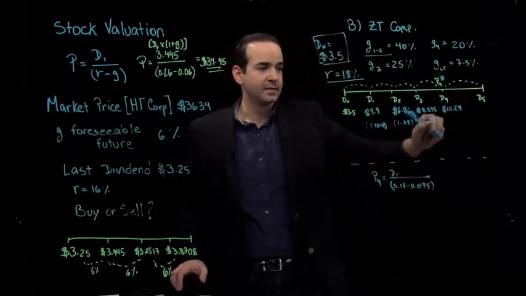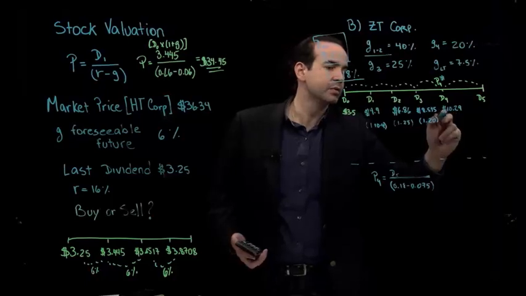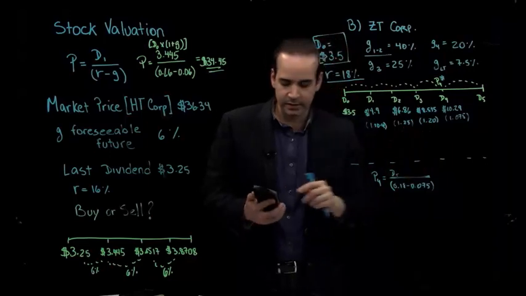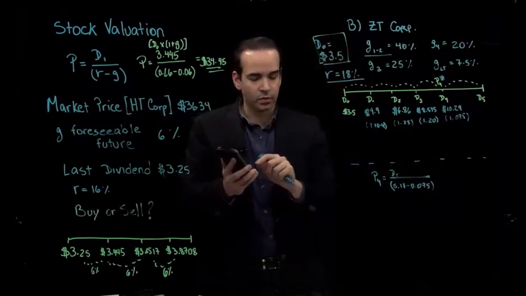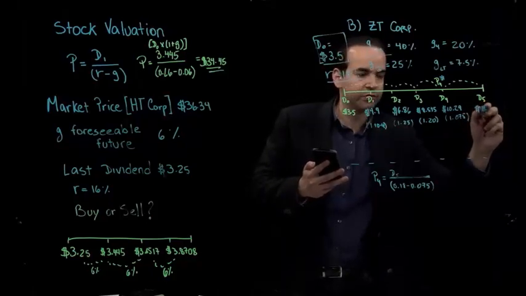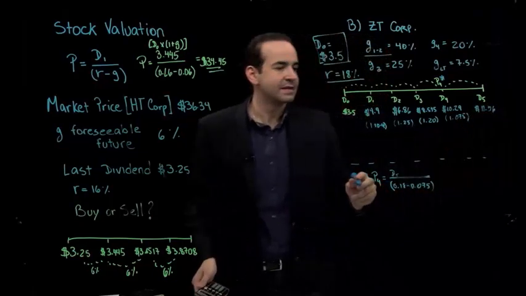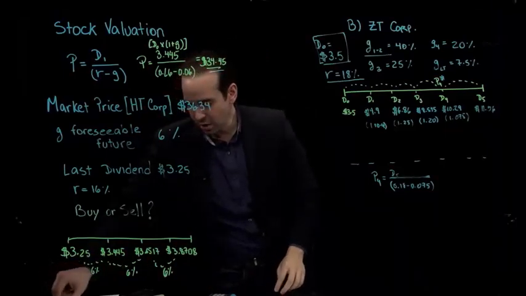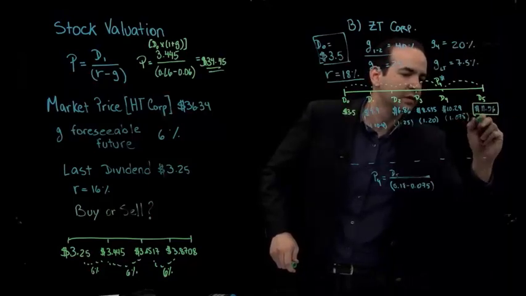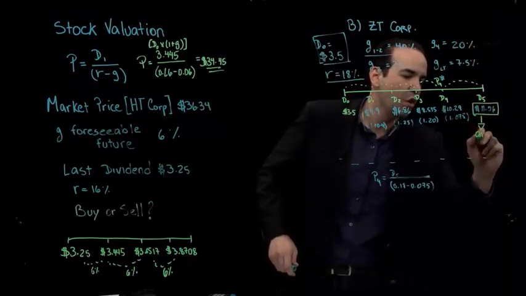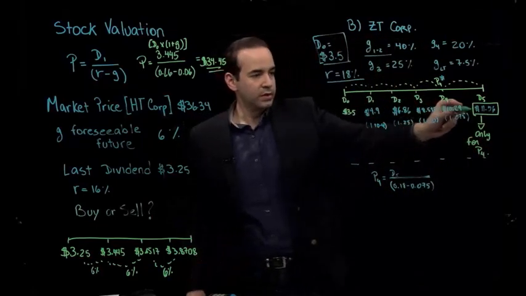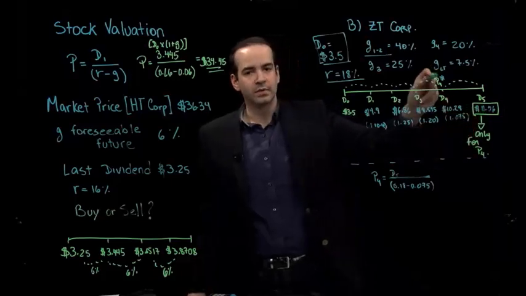Now what is D5? We can calculate it by doing the same thing, just that the growth rate is going to be 7.5%. So 10.29 times 1.075 gives us 11.06. And that is our D5. Let's mark 11.06, and I'm going to write here only for P4. So we are only going to use this to calculate P4.